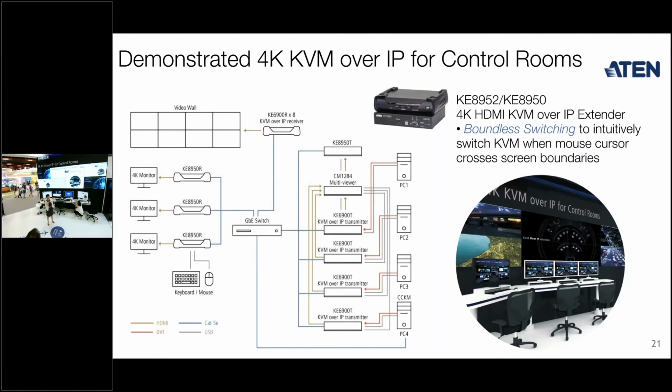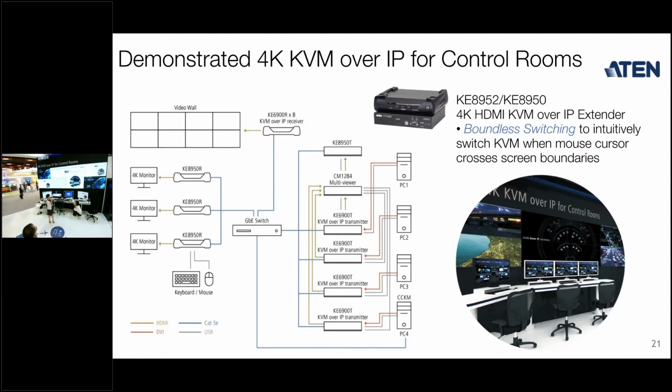And also, there are 8 receivers connected to these 8 video wall TV panels. These functions are done through our CCKM. So this is the complete ATEN 4K KVM over IP solution. If you're interested, you can come to our booth and sit down and play around.